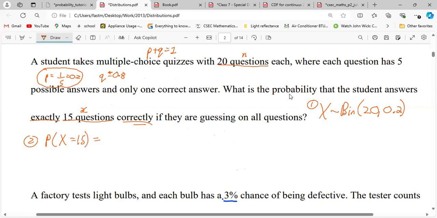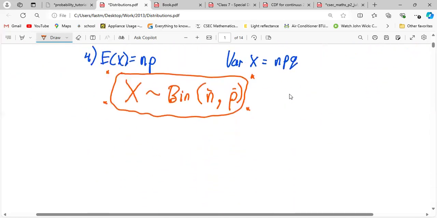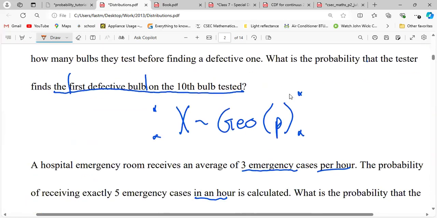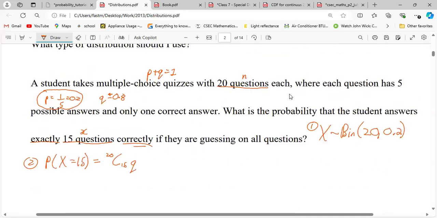So that will just equal, using the equation, n is 20, C, x is 15, times q to the power of n minus x. So if we go back to the equation, it's n minus x, so 20 minus 15, which is 5, and p to the power of x, which is 15.